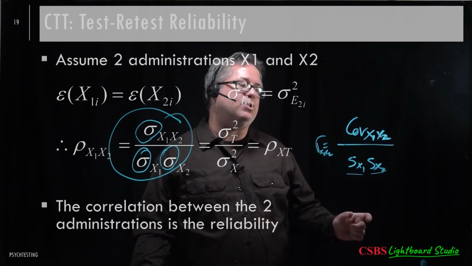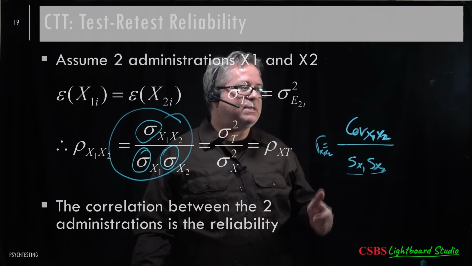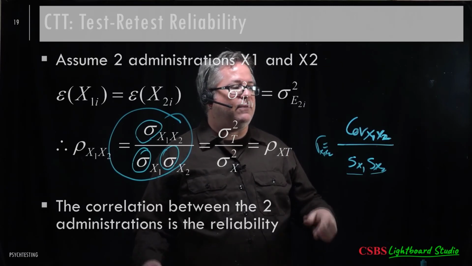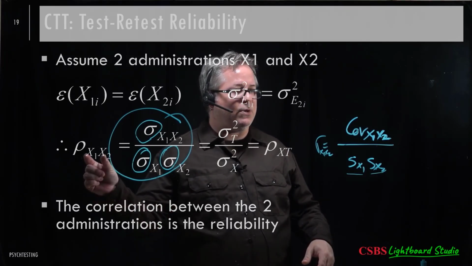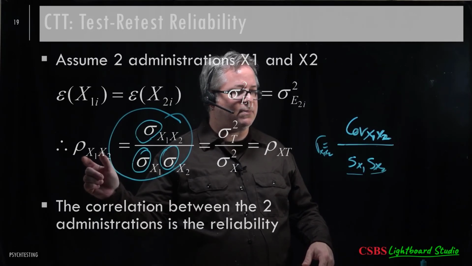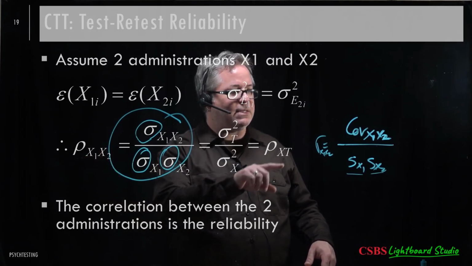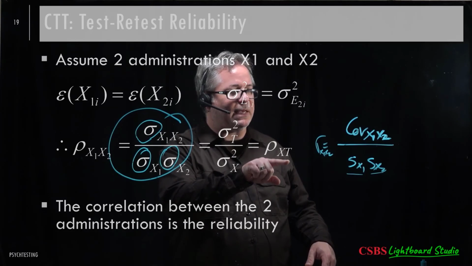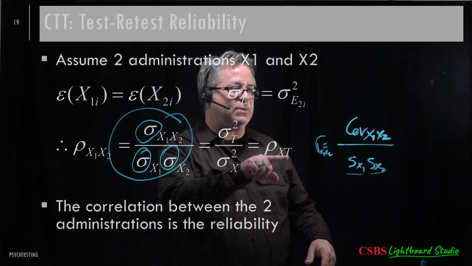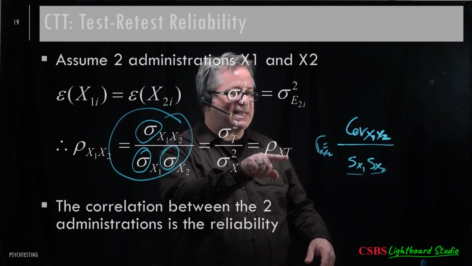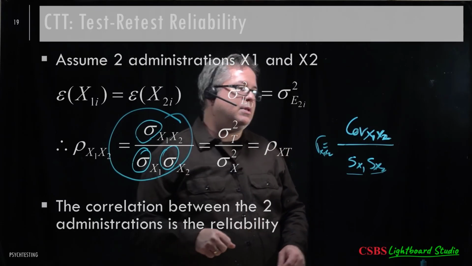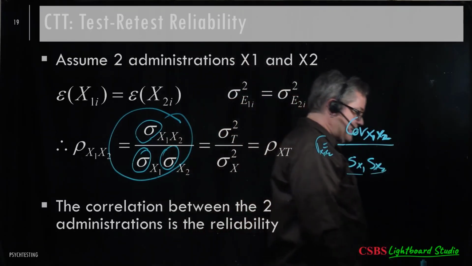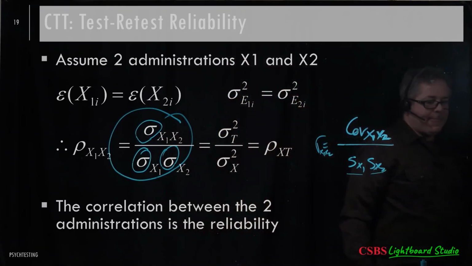So right now we're just worried about how consistently things are being measured, and if it's consistent, meaning there's a high correlation between time 1 and time 2, the test-retest scores, that means at least it's consistently measuring the same thing, the true score. What the true score is, we don't necessarily know yet, but we know it's consistently measuring the same true score that's attempting to be captured by that scale, by that test.